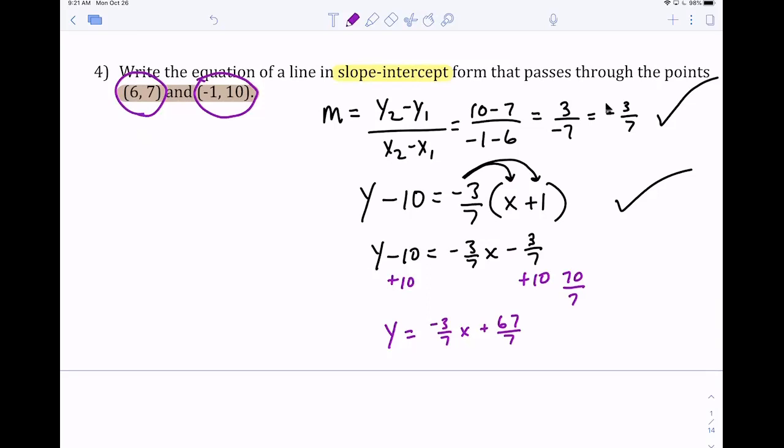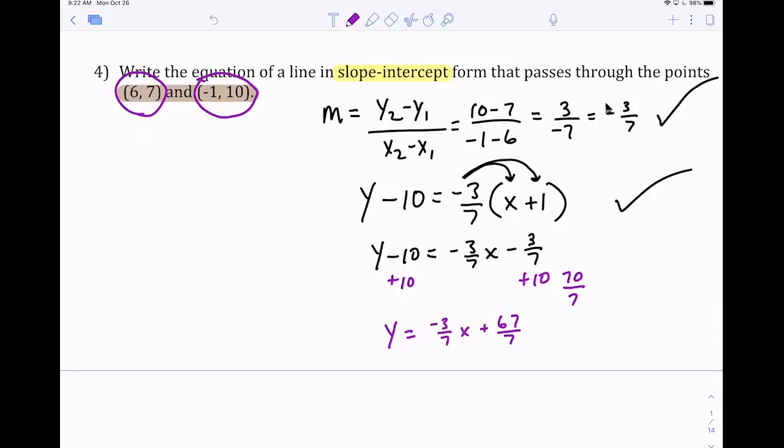How would you do it on your calculator? Like, if there was ever an instance where you don't know. We're not using the calculator right now. The calculator cannot write that equation from y minus y1 equals m times x minus x1.